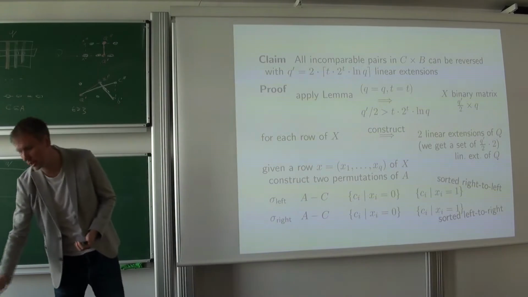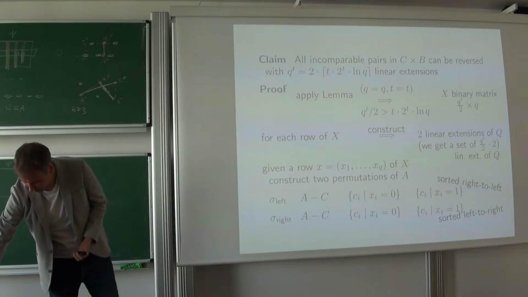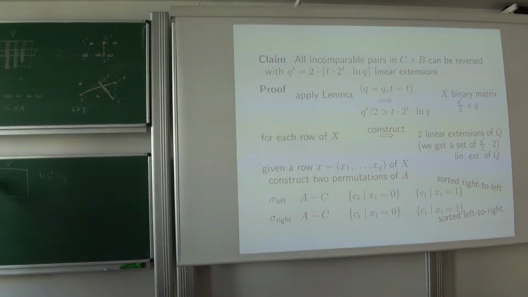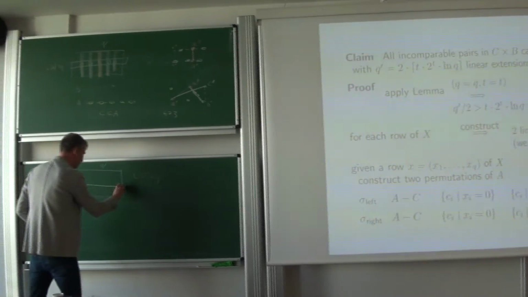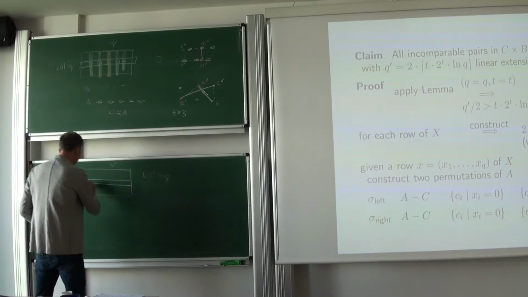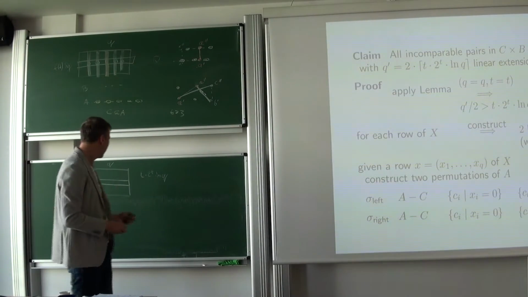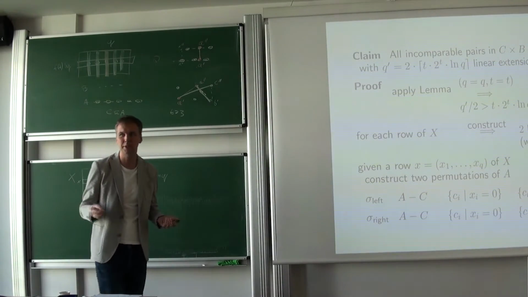So let's have a look at the row. I look at the row X. It has Q entries because the matrix has Q columns.